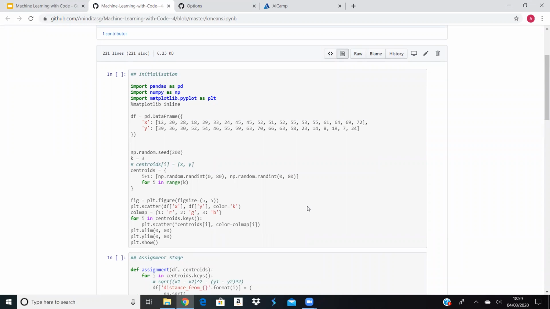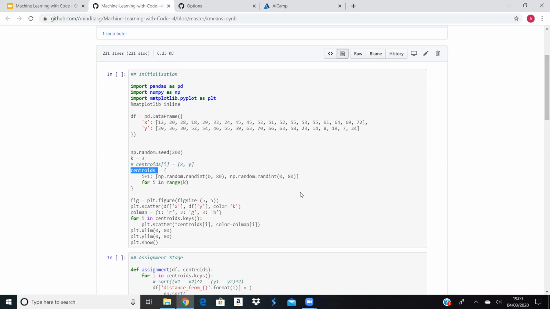We have randomly taken some centroids. By centroids we mean the k-means. Centroids are the set of means. We have randomly taken means for these, and these are going to be our cluster points for right now.